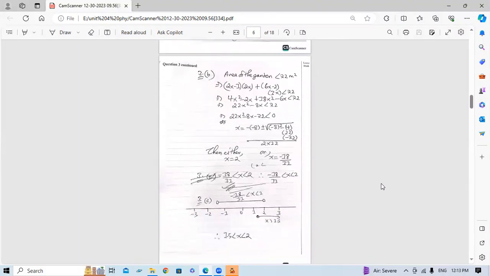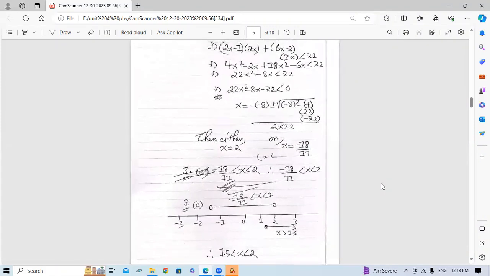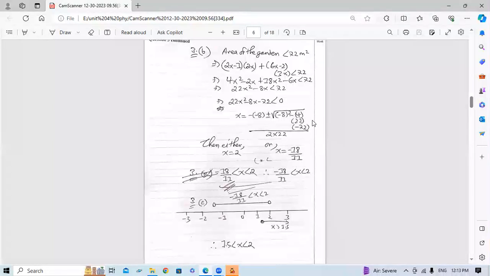This is 3B. This is the answer of 3B and 3C in May 2019 paper.